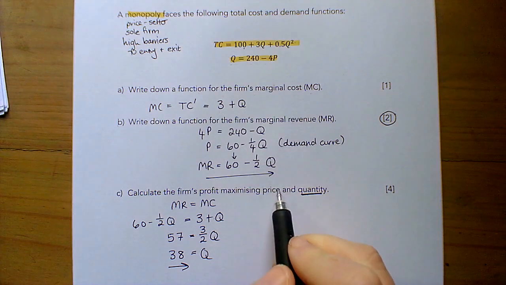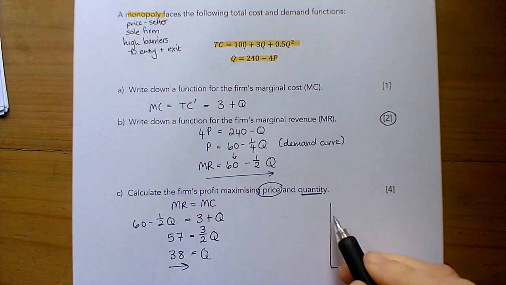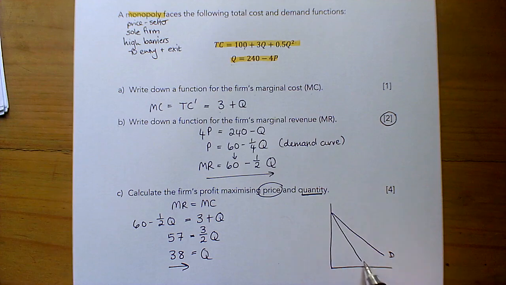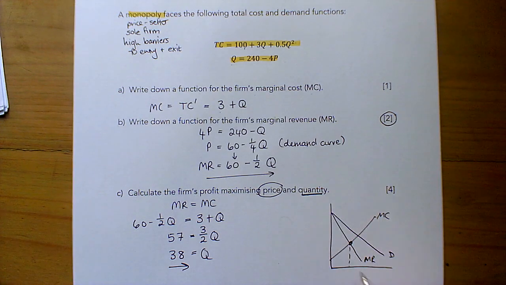How would I then find the price at this quantity? I need to recognize that what I've just solved for is this point over here, where MR equals MC, and this is 38. What price is the firm going to charge? They're going to charge the maximum price their consumers are willing to pay.